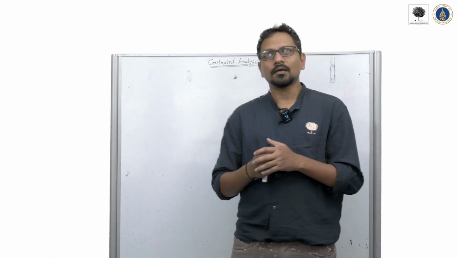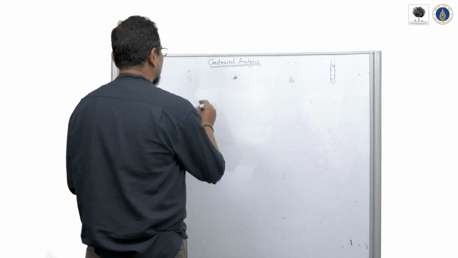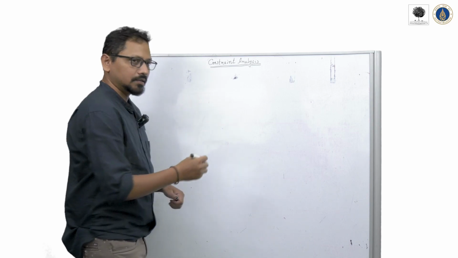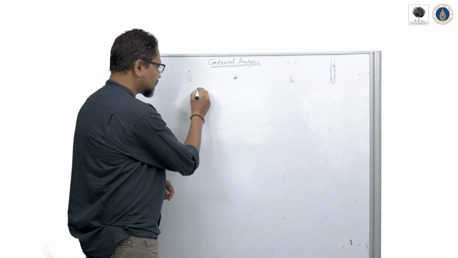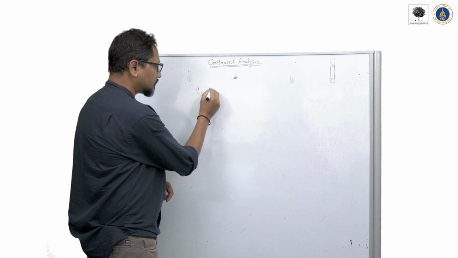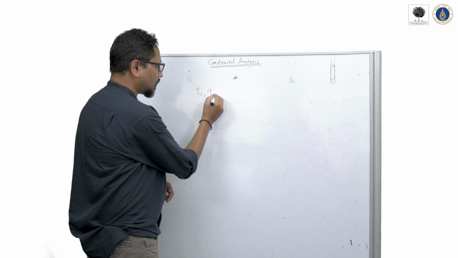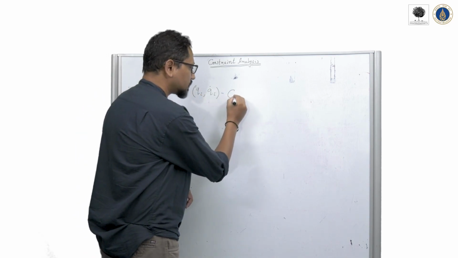So if you are given a system, for example, say I take a Newtonian system with point particles designated by Qi, and Qi dot is my configuration space.